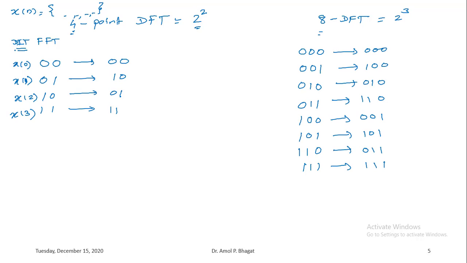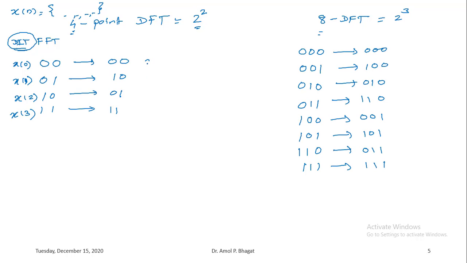But if it is decimation in time, then those samples will be given as input in a different order, instead of giving those samples in sequential order as an input to the FFT algorithm. It will not be given in sequential order.